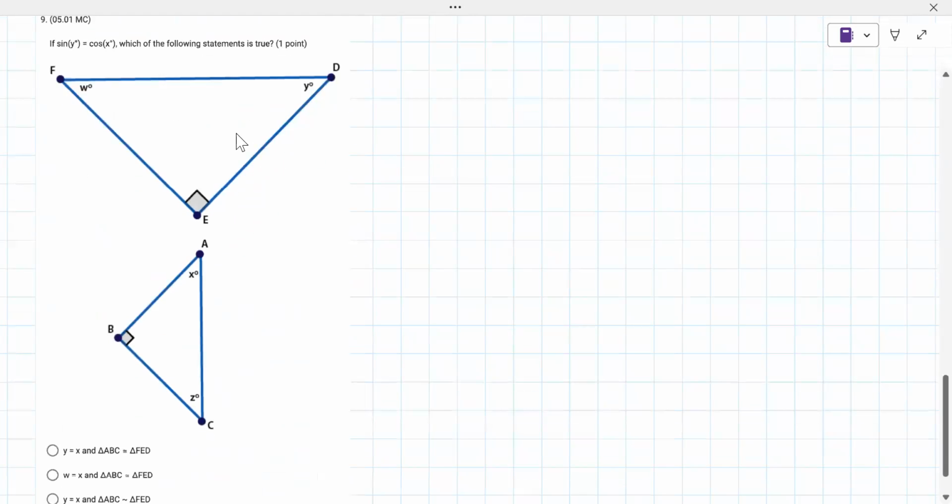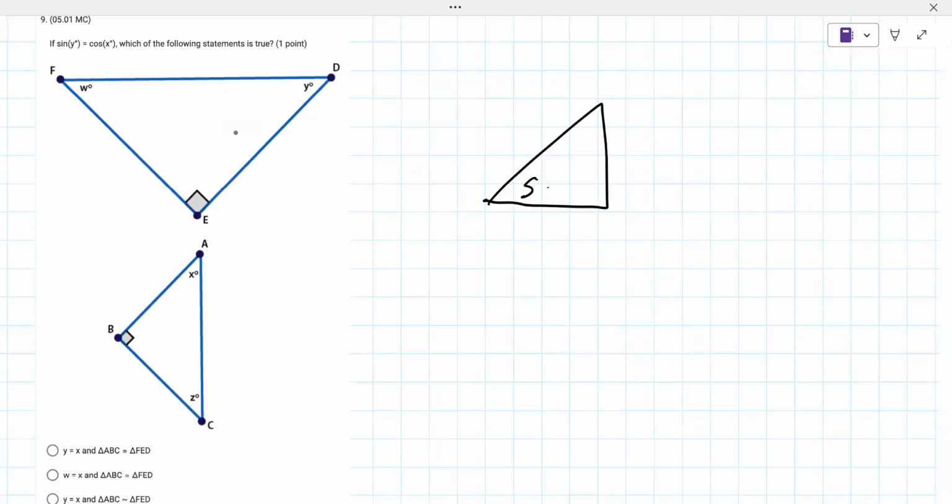All right, so if sine y equals cosine x, which of the following statements is true? So just because the sine, and we kind of looked at this yesterday, let me draw again.